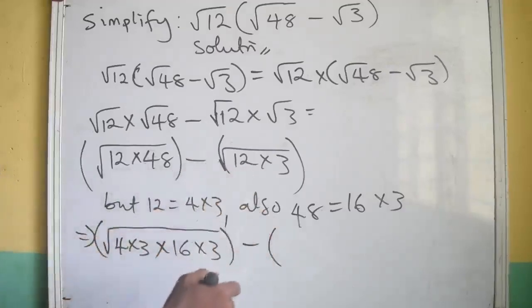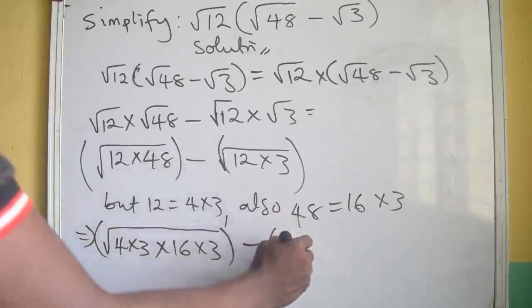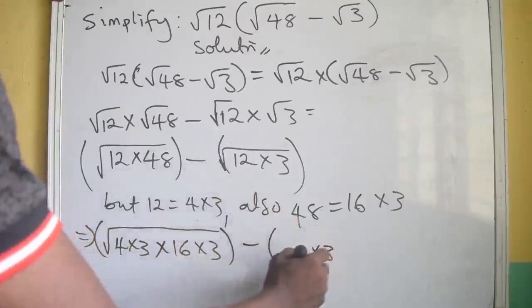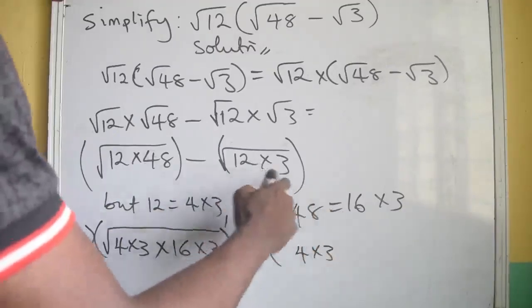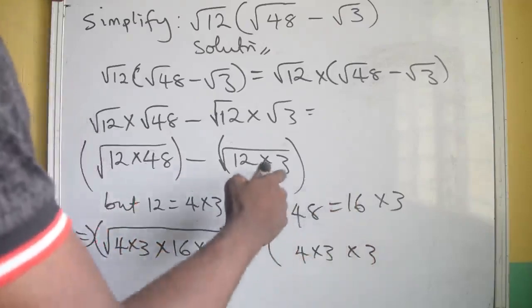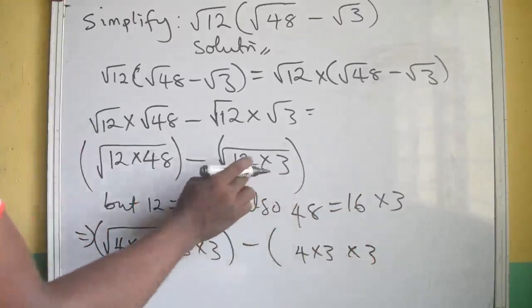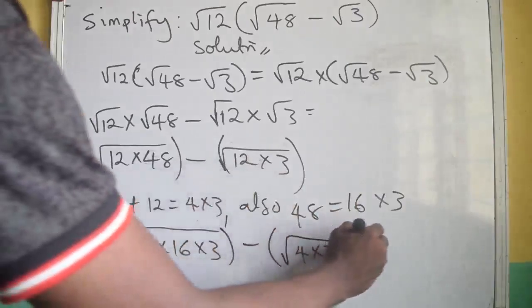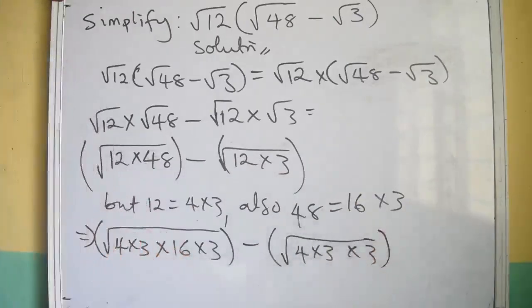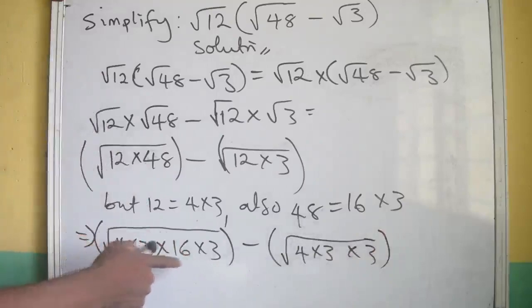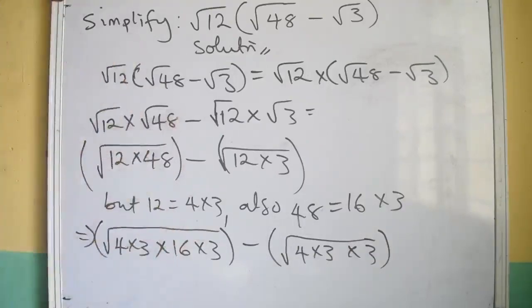This 12 is something like 4 times 3, times another 3. You have to know that this 3 is different from this one, because 4 times 3 will give us 12, which is the same thing. At the end of the day, we put our square root and cover the brackets. So if you take it this way, this times this will surely give you 9.